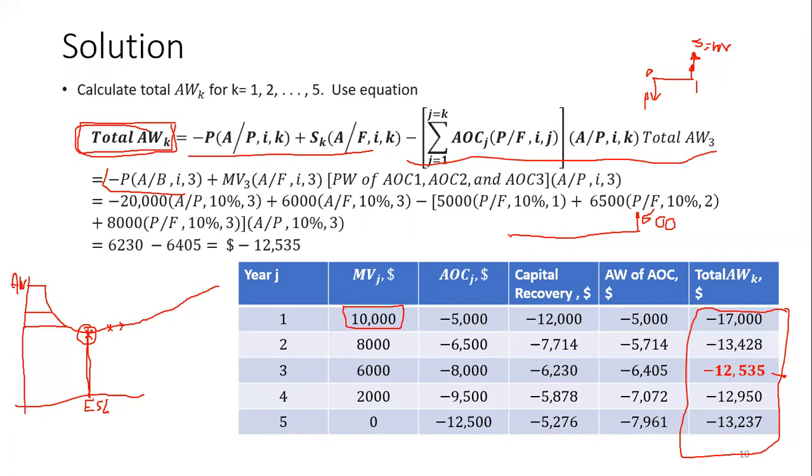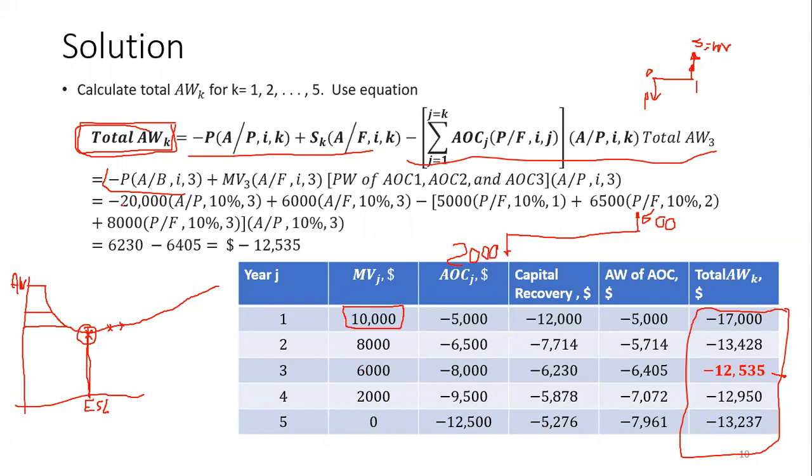Twenty thousand. Okay? For the third year, 6,000.